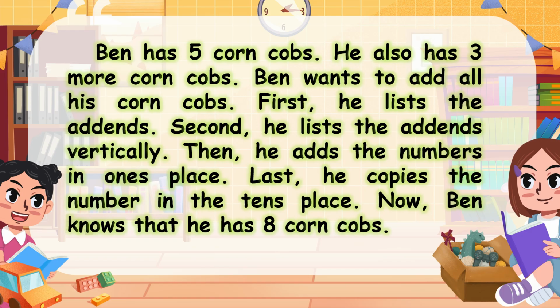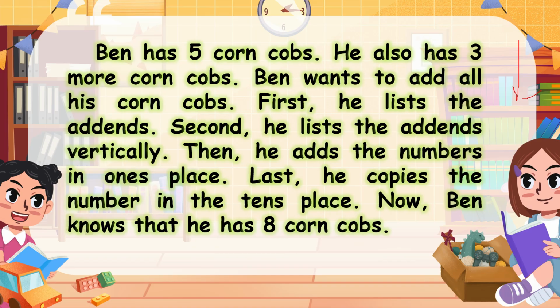I want you to read it with me. Ben has 5 corn cobs. He also has 3 more corn cobs. Ben wants to add all his corn cobs. First, he lists the addends. Second, he lists the addends vertically. So he put it vertically, going down.